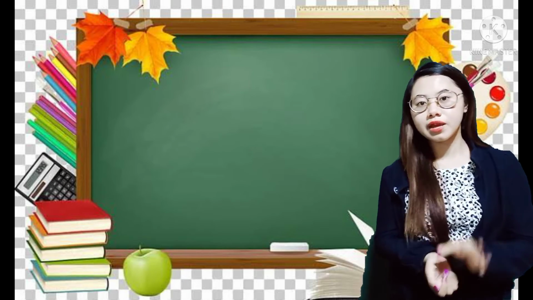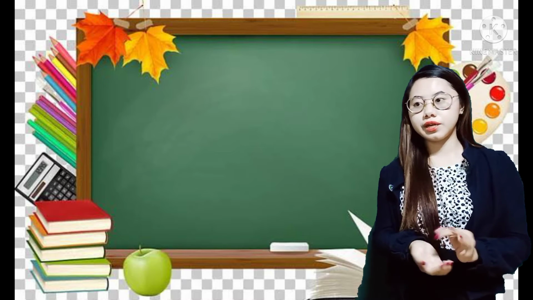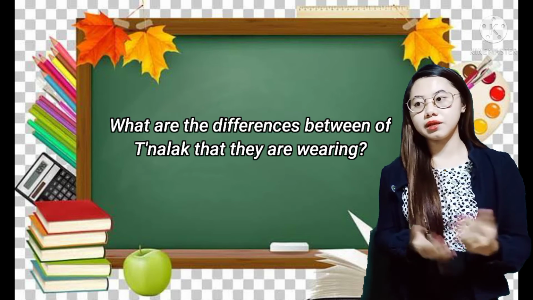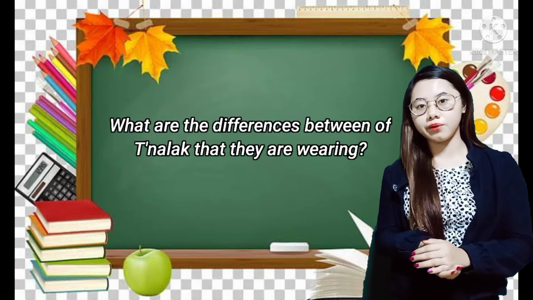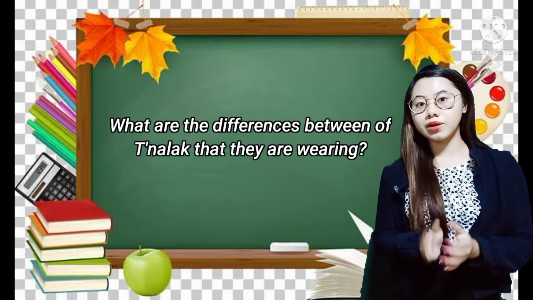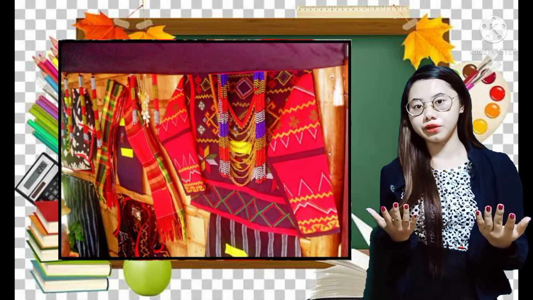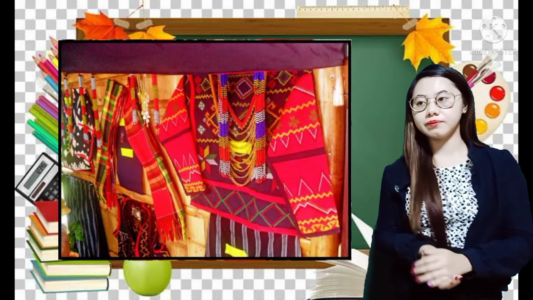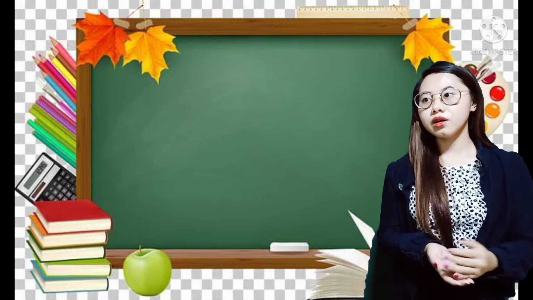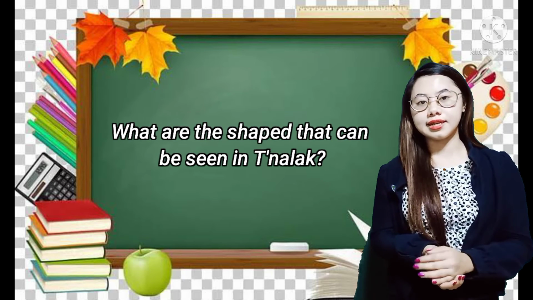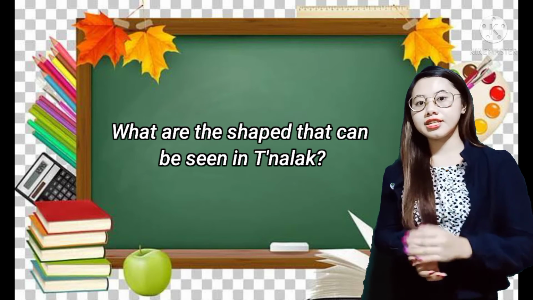Question number 3: what are the differences in the tinalak that they are wearing? Yes, John Mark? They are colorful and beautiful attire. So, what are the shapes that can be seen in the tinalak? Yes, Joshua?